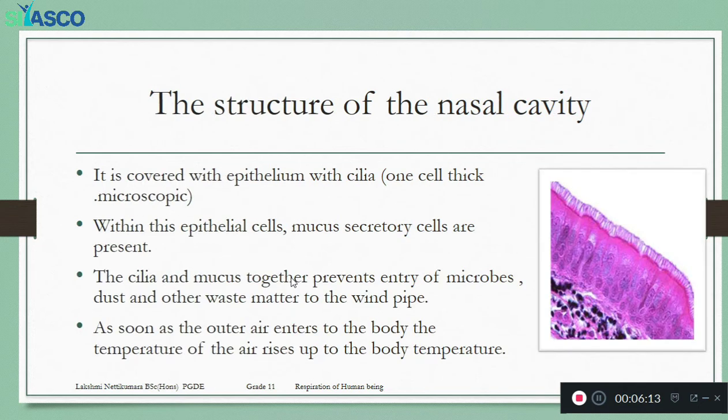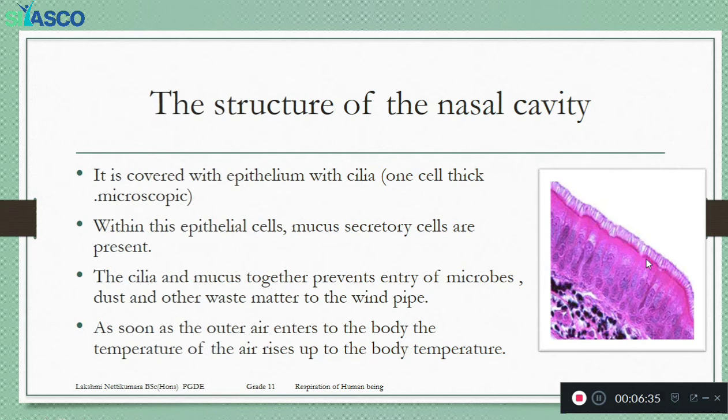So when it comes to the nasal cavity, you know that the nasal cavity is covered with a special epithelium with cilia. Here it is given the structure of this epithelium. Here you can see these microscopic cilia.